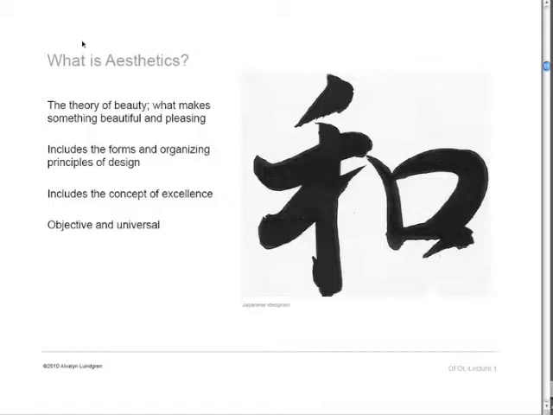Aesthetics as a study includes the forms and organizing principles of design. It also includes the concept of excellence. Anything that is beautiful is regarded as having a quality of excellence. Human beings don't deal with ugly really well. We get confused, we get insecure, we feel unstable around ugliness, and ugly is basically disorder and chaos.